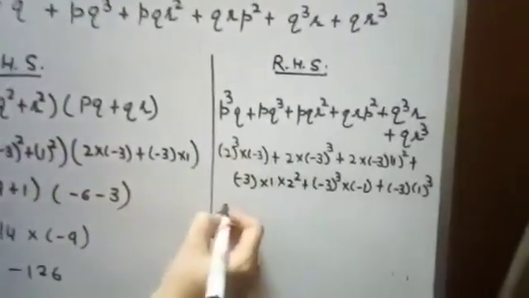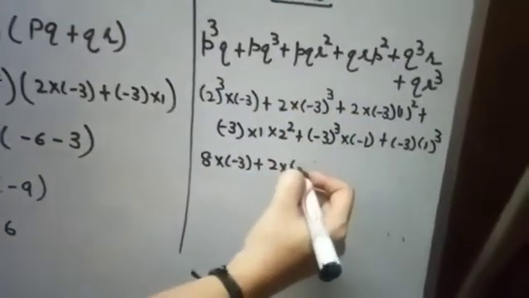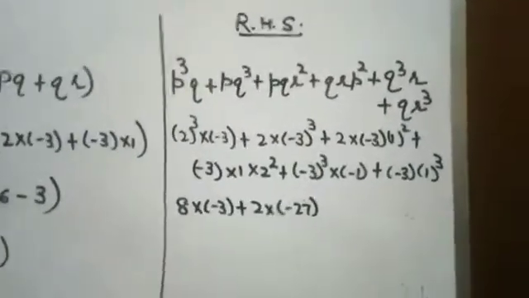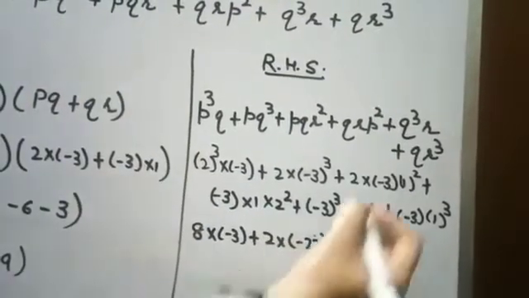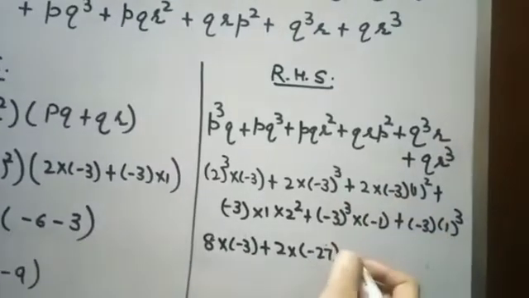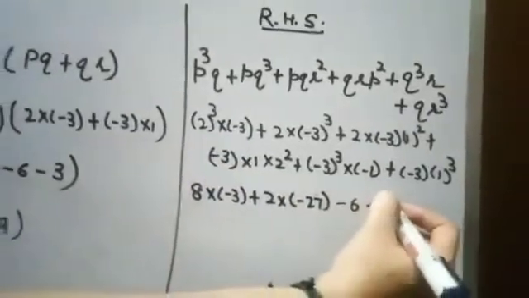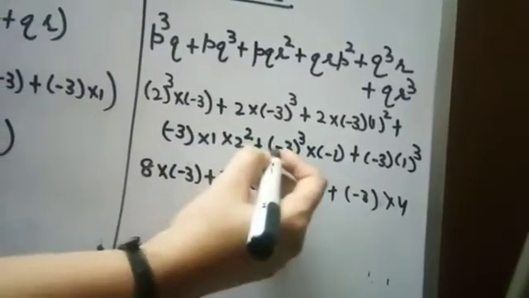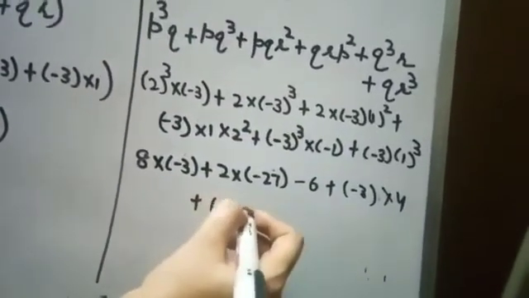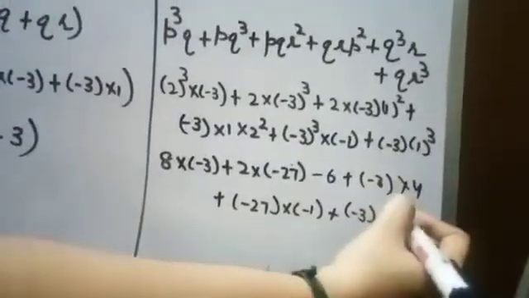Now 2 raised to power 3 is 8, into minus 3. 2 into minus 3 raised to power 3, minus 27. Whenever we have a negative number and we look at the exponent, if the exponent is an odd number, keep this in your mind, students, the answer would be negative. 2 into minus 3, minus 6, into 1, minus 6, plus minus 3 into 1, minus 3, and 2 raised to power 2 is 4, plus minus 3 raised to power 3, minus 27, into 1, minus 3 into 1 raised to power 3, 1.